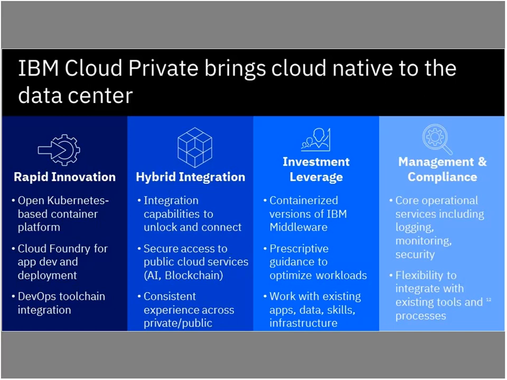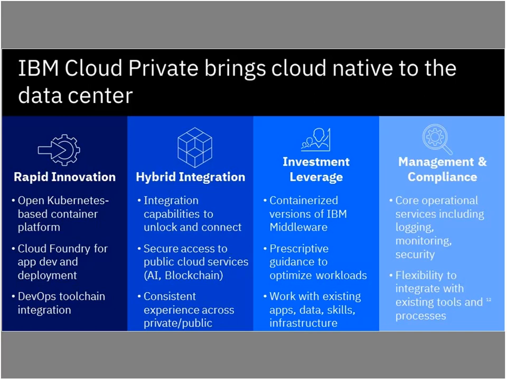IBM Cloud Private does. So it brings in this rapid innovation, allows you to take all of the Cloud Foundry, Kubernetes, and different types of environments, bring in an integrated tool chain for you, and really start from that first step in how I migrate and modernize my application.